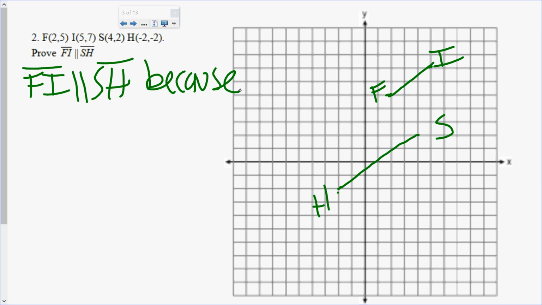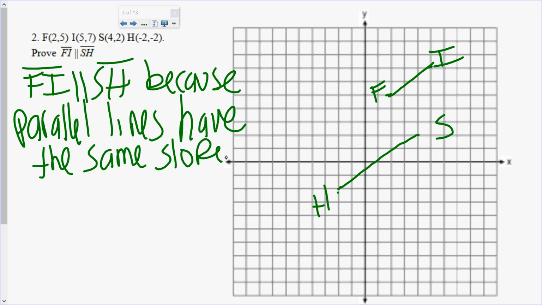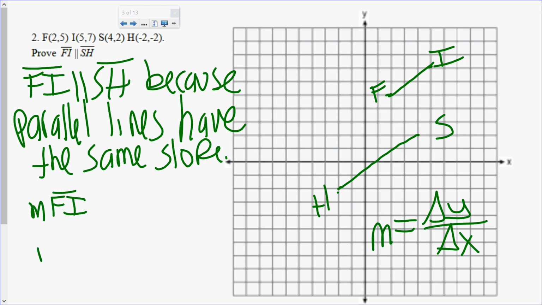FI is parallel to SH because parallel lines have the same slope. So now you're going to have to calculate the slopes using the slope formula. You're going to find the slope of FI. You're going to find the slope of HS. Do it. Pause, calculate the slopes, and then unpause.